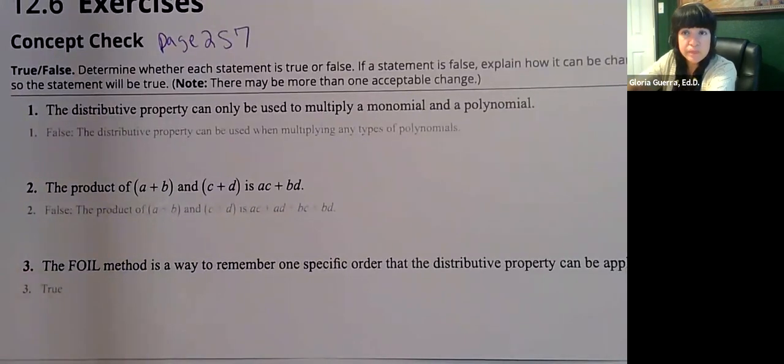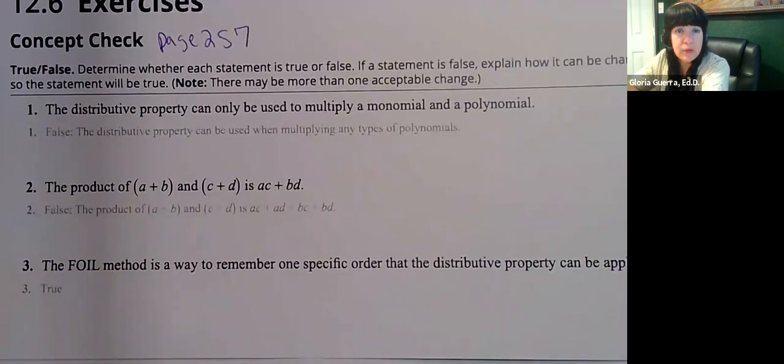So it says that the distributive property can only be used to multiply a monomial and a polynomial. Yeah, that's false. The distributive property can be used when multiplying any types of polynomials.